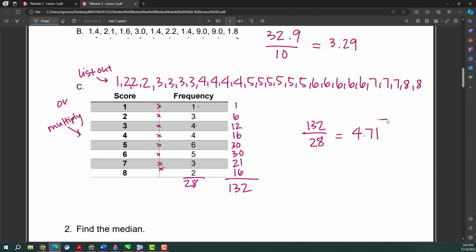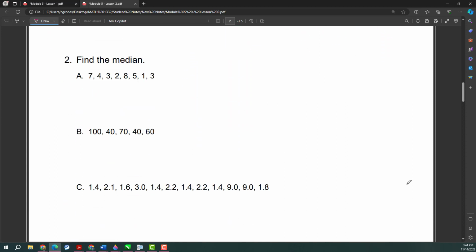Everybody okay with this one? There is a test question that is like this for the mean.